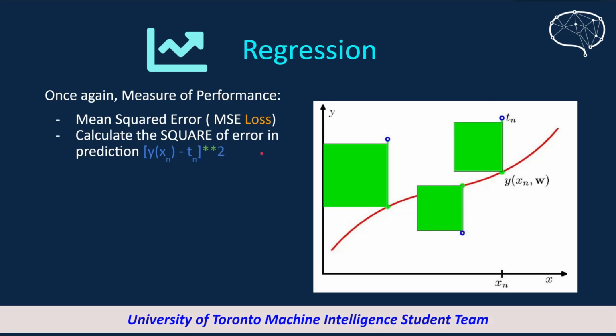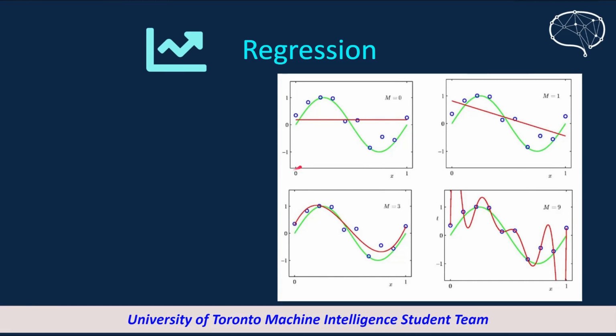And another thing I want to point out is that this mean squared error can also be called MSE loss. Why is it called a loss? It's because we want to minimize the loss and optimize the performance. So this criterion to measure the performance is in terms of loss. We want the loss to be as minimal as possible.